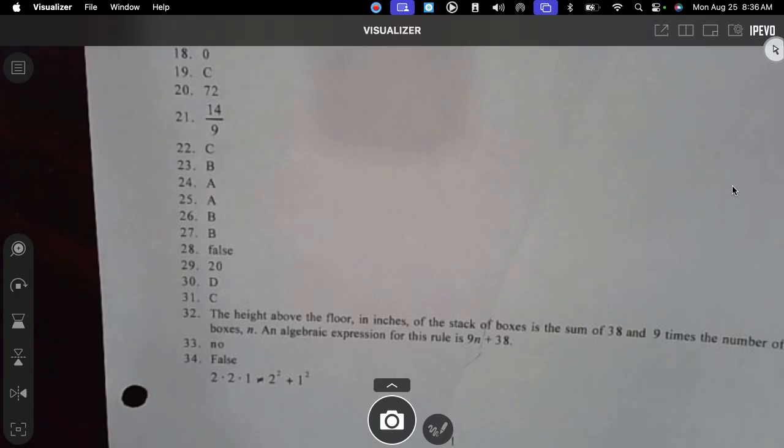And 23, 24, 25, 26, 30, skipped a lot on that one. 32, 33, 35.